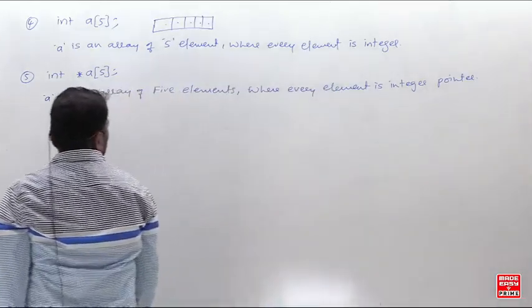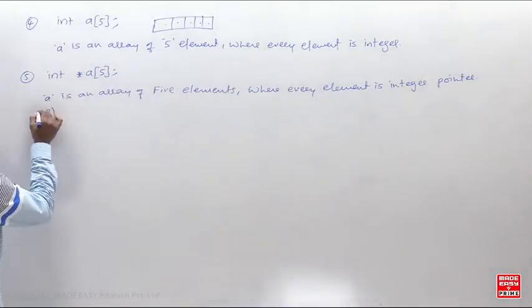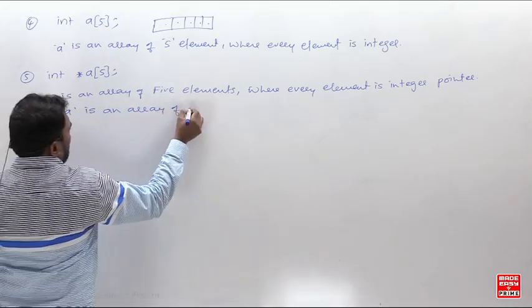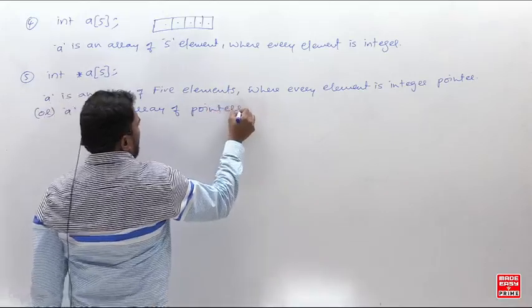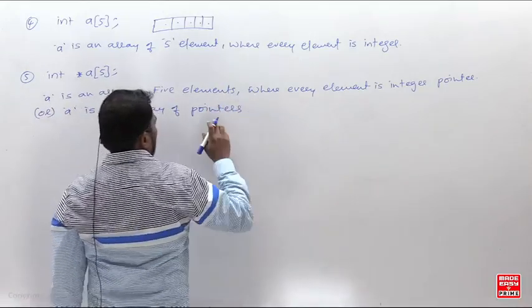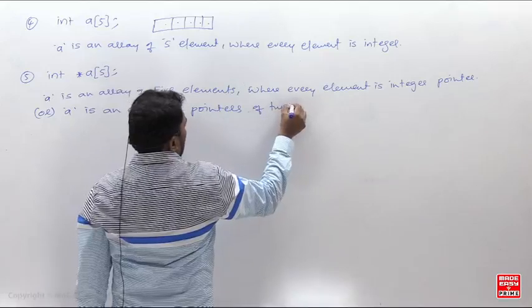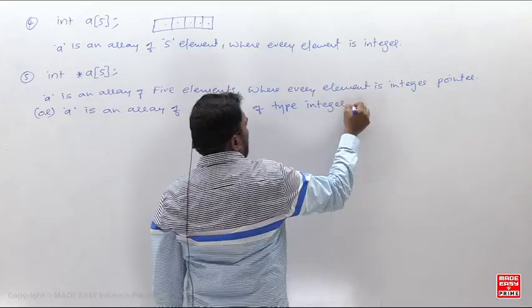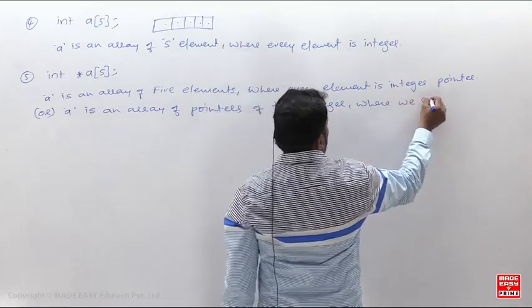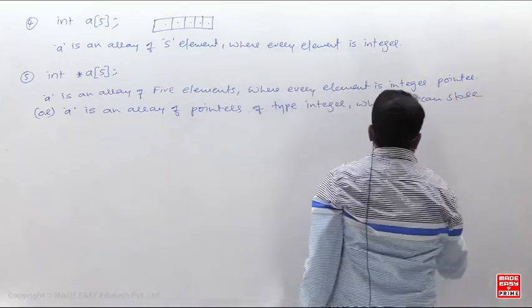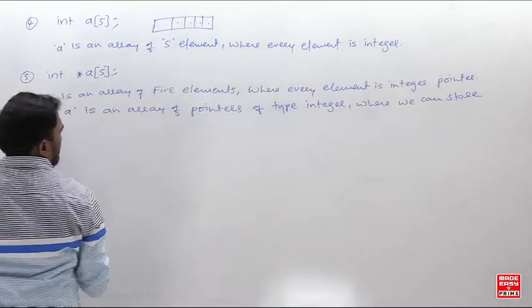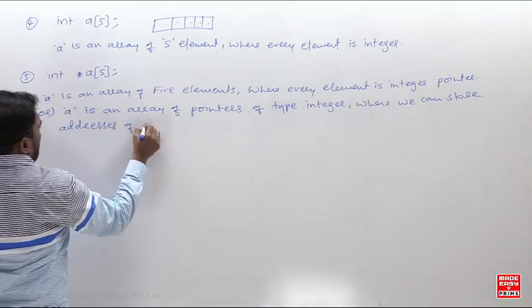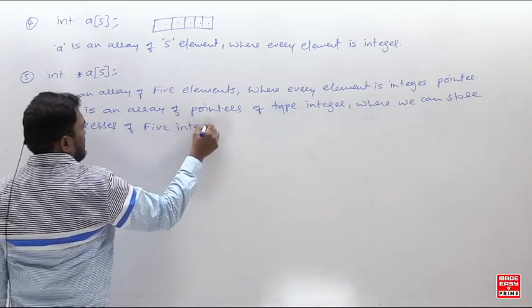Or you can also say A is an array of pointers of type integer where we can store addresses of 5 integers.